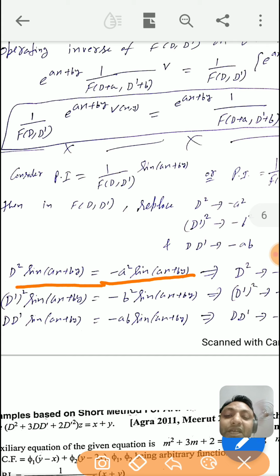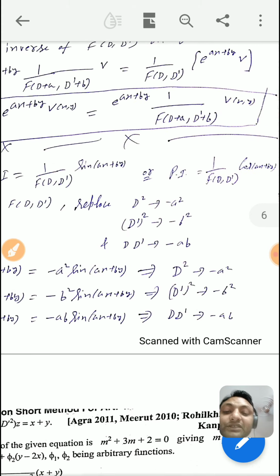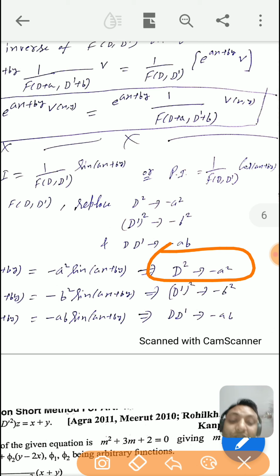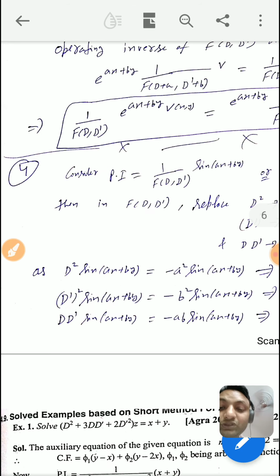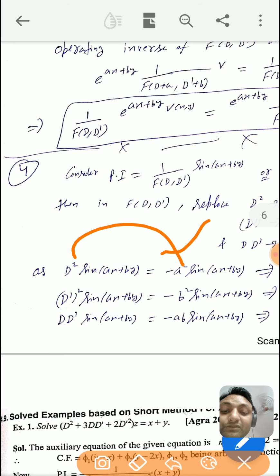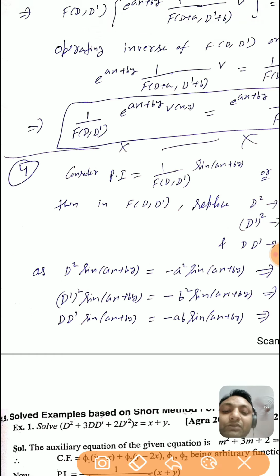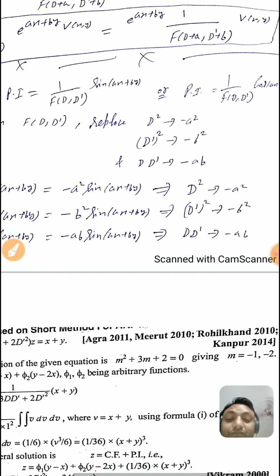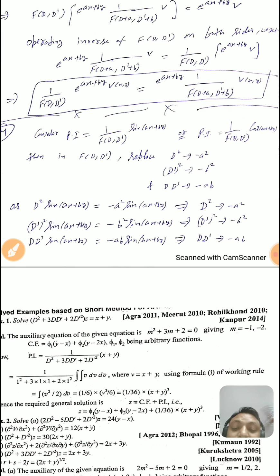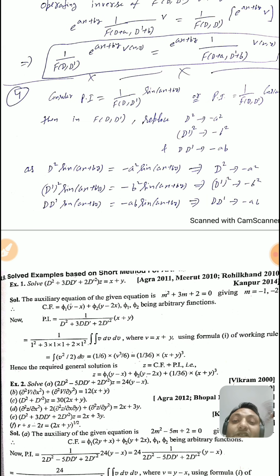This implies D square sine of ax plus by is equal to minus a square sine of ax plus by. So D square will be replaced by minus a square. Similarly D dash square will be replaced by minus b square. Similarly D D dash will be replaced by minus ab.